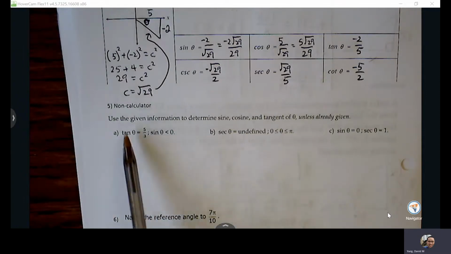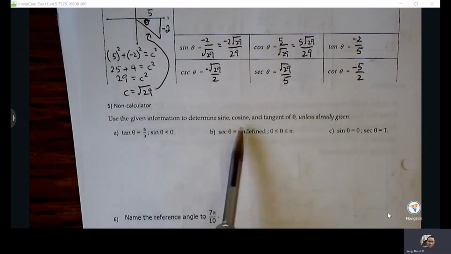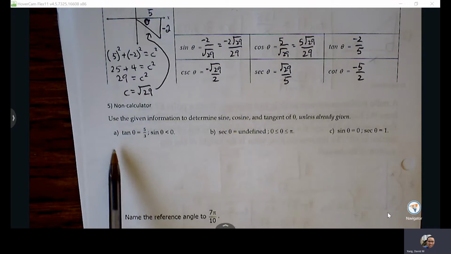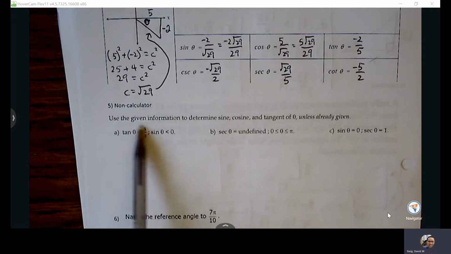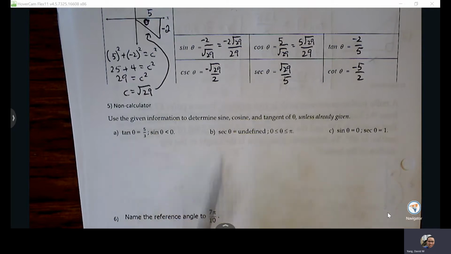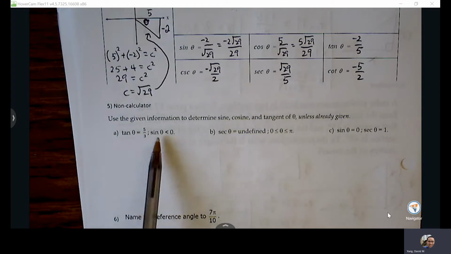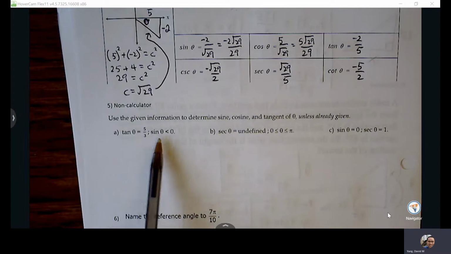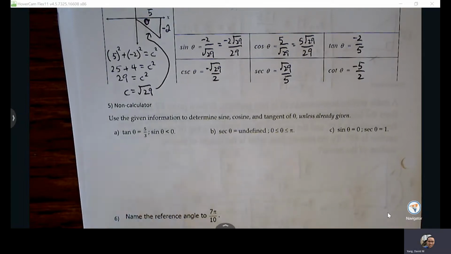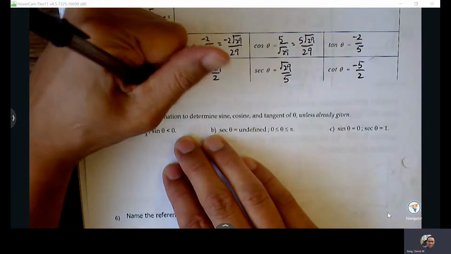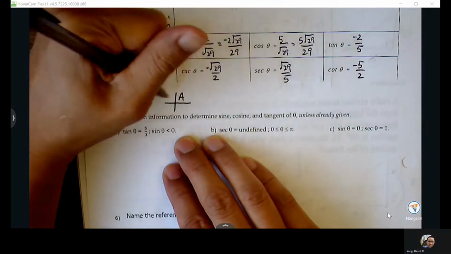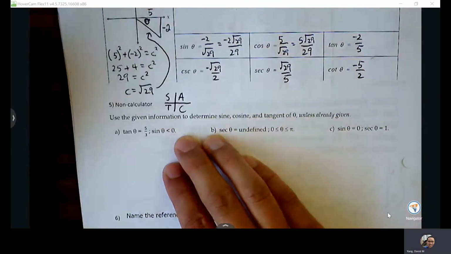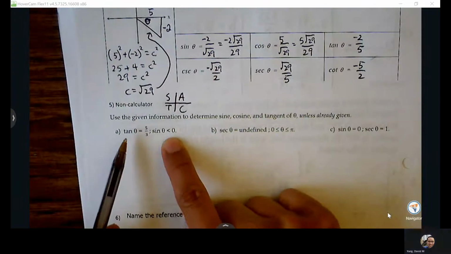Okay, use the given information to determine sine, cosine, tangent of theta unless already given. So we're going to be creating triangles first, or at least finding our ordered pair before we find sine, cosine, and tangent. So tangent theta equals 5/3. Sine is less than 0, so you've got positive tangent and negative sine. Which quadrant is that going to be in? Third quadrant, right?